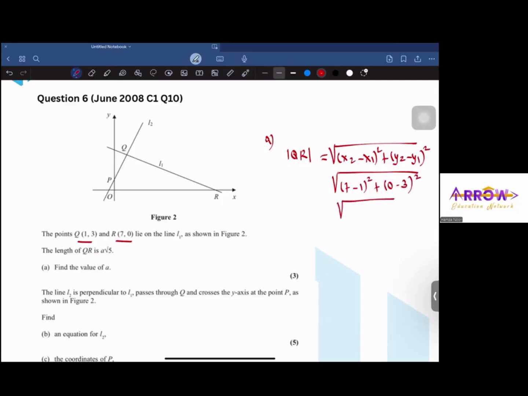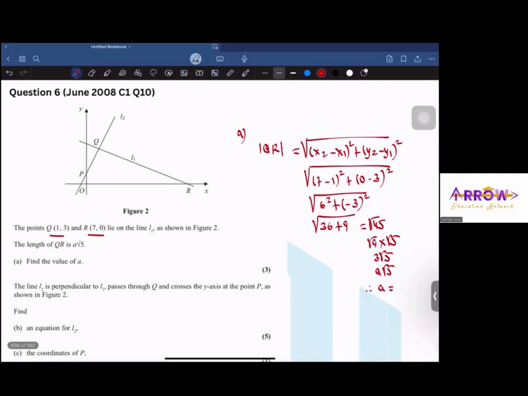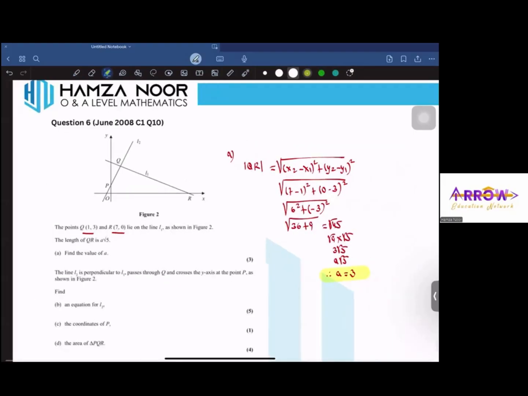So under root of 6 squared plus minus 3 whole squared. 6 squared is 36 and minus 3 whole squared is 9. So under root of 45, meaning under root 9 multiplied by under root 5, which is 3 root 5. We just need to make a comparison with a root 5. Therefore, a is equal to 3.